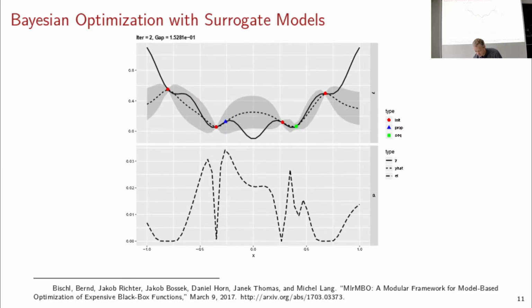Just let me go briefly back and point out maybe one point here. The initial surrogate model that you see here is crap. It's not even close to the actual underlying function. And that's perfectly fine.